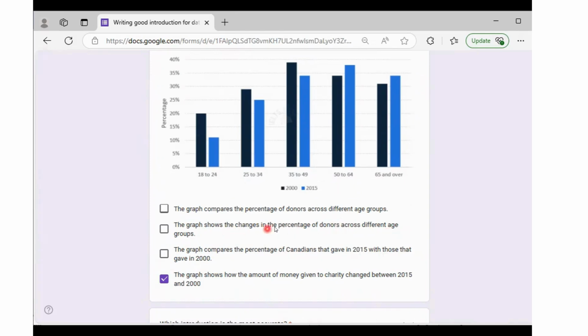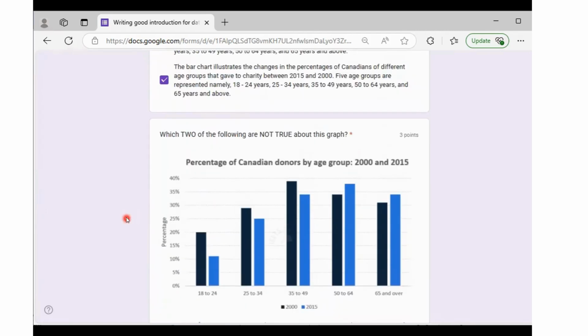This one does not mention Canadian. That's the problem with this number two. So I'll pick number two. The graph compares the percentage of donors across different age groups. Donors, Canadian donors. This number one too is faulty. How many are we to pick? Which two are not true of this graph?